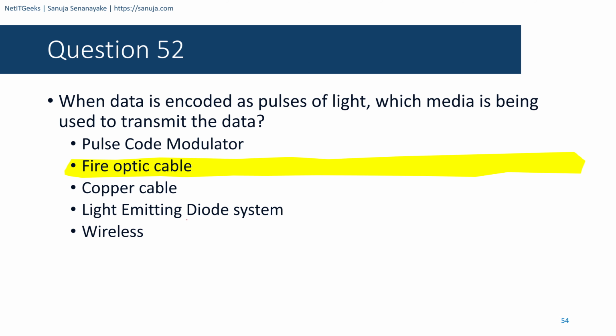LED is just a light source that may be used in fiber optics. Most of the time we use lasers. Copper cables and wireless do not use light, and therefore it has to be fiber optic cable. Fiber optic cables can use pulse code modulators, but that is not something we covered in the CCNA program, and that is not the best answer out of the two. So the answer is fiber optic cable.